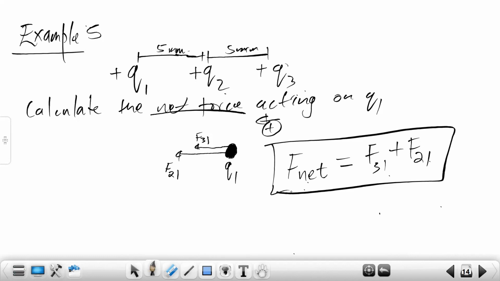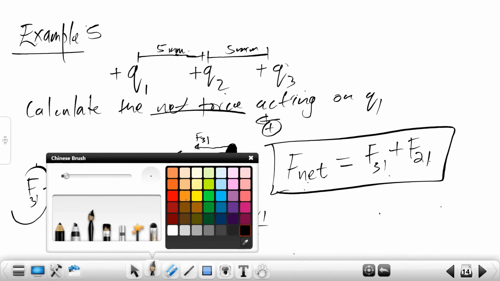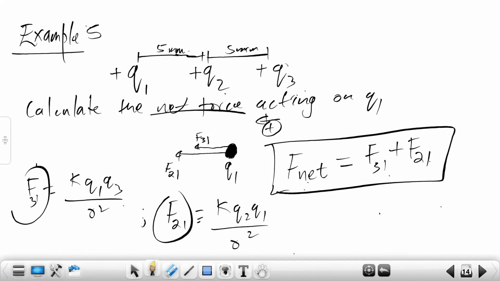So whatever I do, eventually after calculating F of 3,1, which will be K Q1 and Q3 divided by R squared, as well as F of 2,1, which is now K Q2 Q1 over R squared, the distance between the two. Once I have all this, it means now I'm in a position of going for the F net.